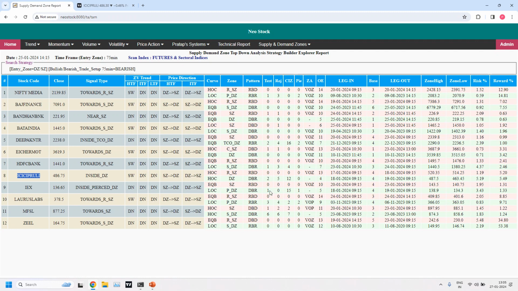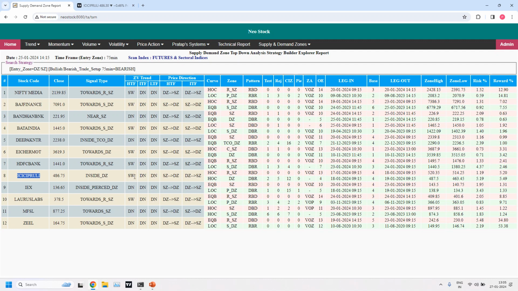Test count always tells: if the test count is 0, it is a fresh zone. But you should be careful. Sometimes the rejection count will be there. If the rejection count is there, maybe one of the lower time frame zones might have already been tested inside that zone. But anyway, this is a completely 0-0-0 fresh zone, high on the curve.